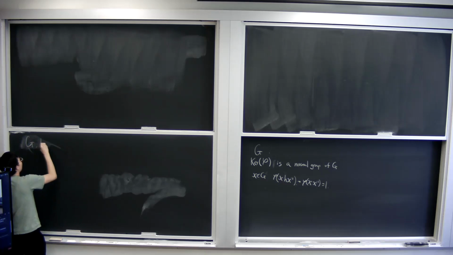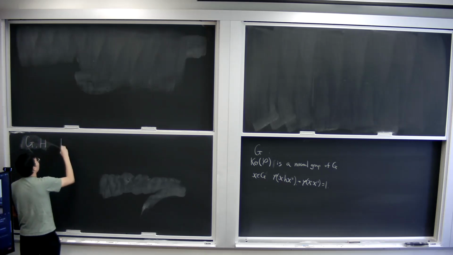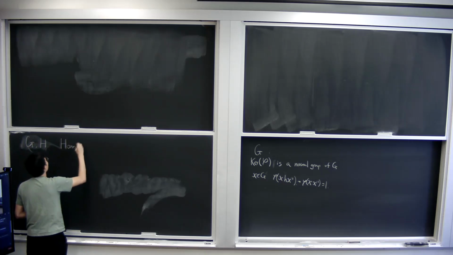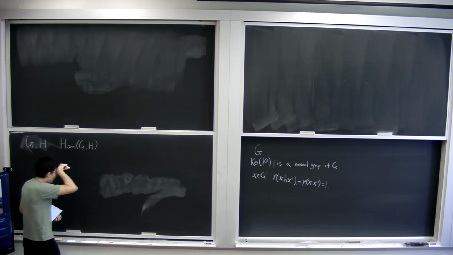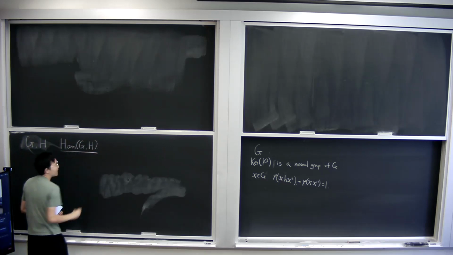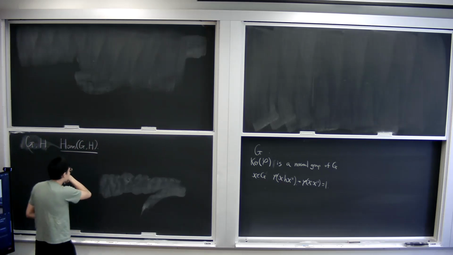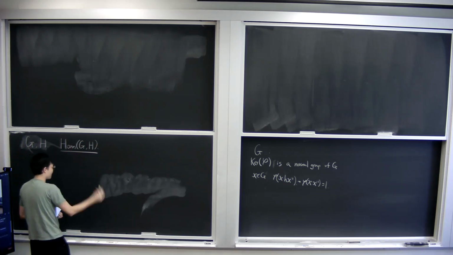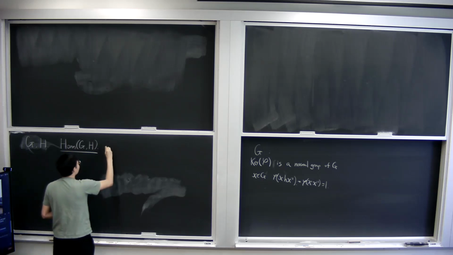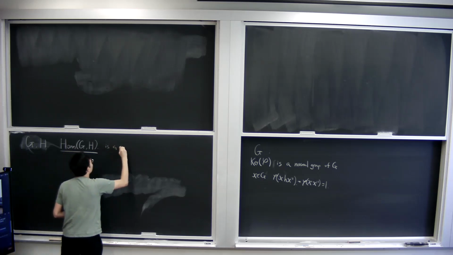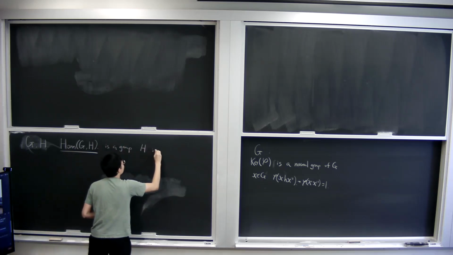For any groups G and H, we may consider the set of homomorphisms from G to H, and we are wondering when this set is a group. After some computations and checking, we notice that this set is a group if and only if H is abelian.